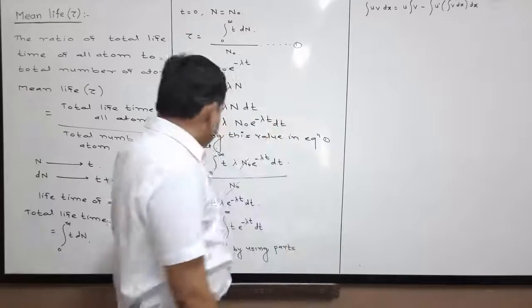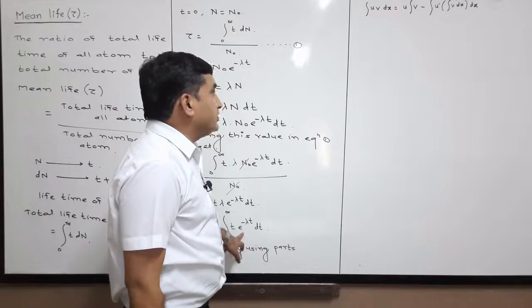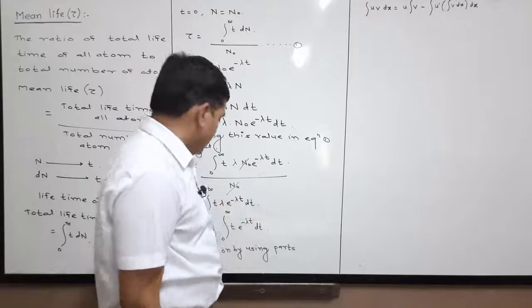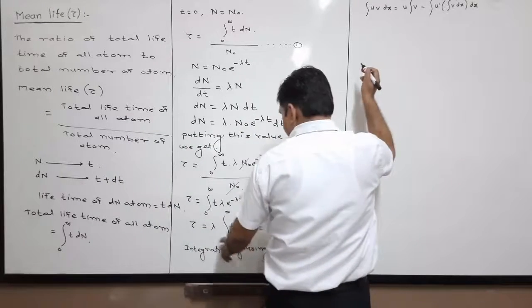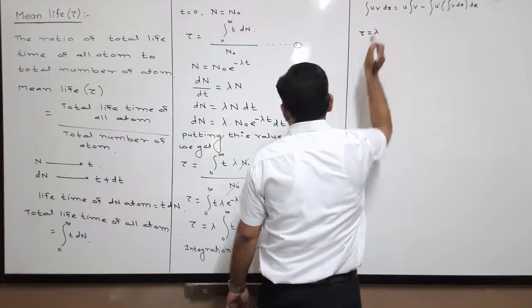So here we consider u is equal to t and v is equal to e raised to minus lambda t, and therefore we get tau is equal to lambda.